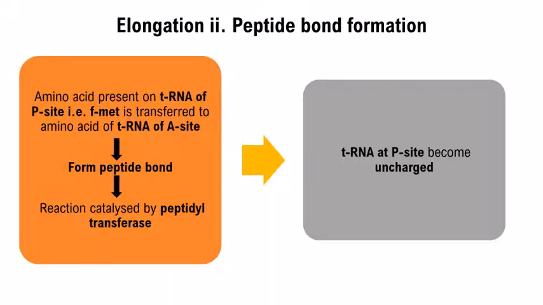These two amino acids, the formyl methionine and the next amino acid loaded at the A site, join together to establish a peptide bond. Formation of the peptide bond is catalyzed by an enzyme called peptidyl transferase. Now the tRNA at the P site becomes uncharged, as its amino acid has been joined by a peptide bond to the amino acid at the A site.